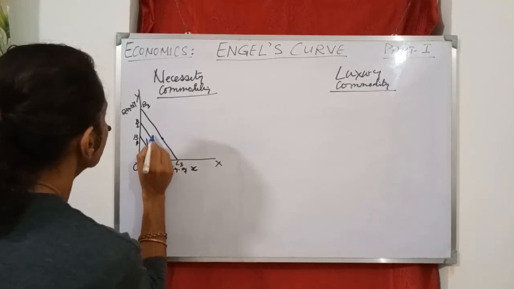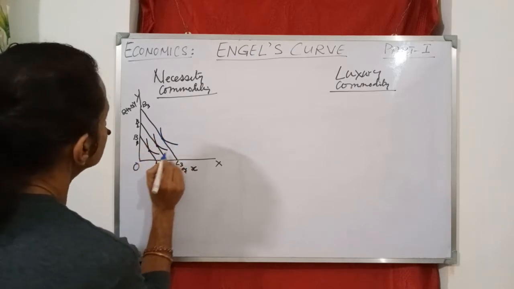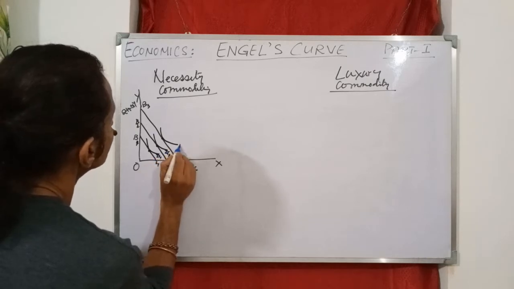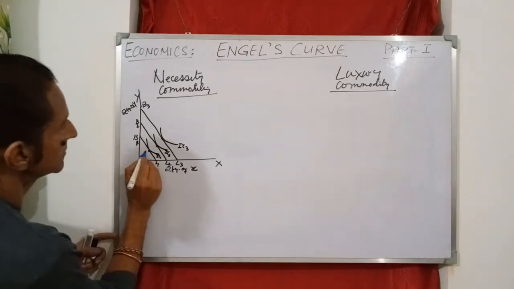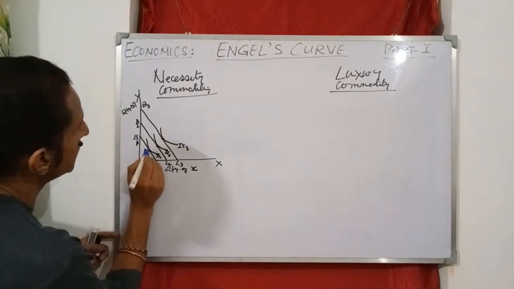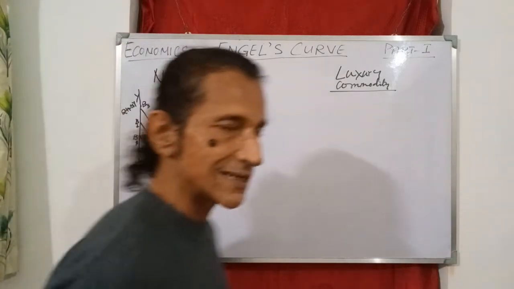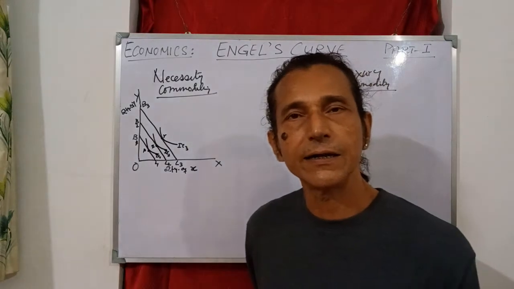Say this is IC1, IC2 and IC3. Let P, Q and R be the successively higher points of tangency between budget line and indifference curve.